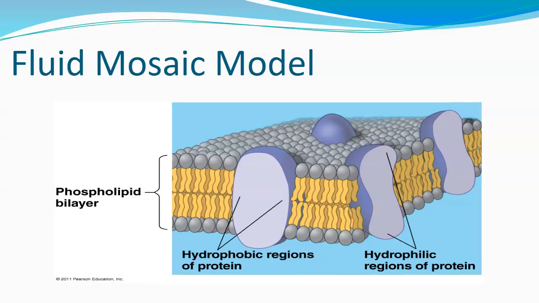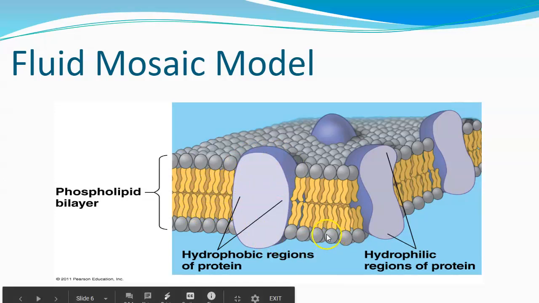So here's an example of what that looks like in terms of starting to incorporate other things. The membrane itself, because the tails are saturated or unsaturated, has a little bit of that fluidity there. So that's kind of what gives it its fluid nature, as well as the proteins that are inserted into it. So that's where the mosaic piece comes in.